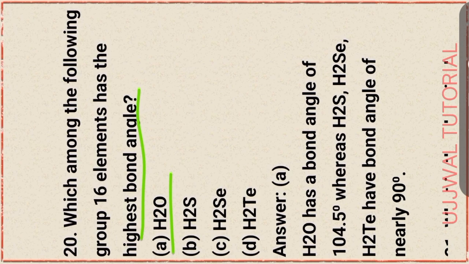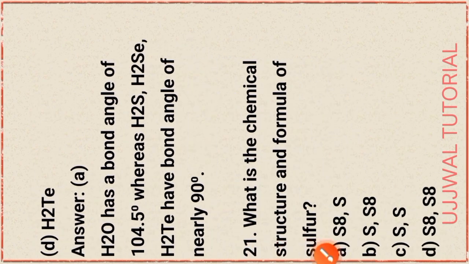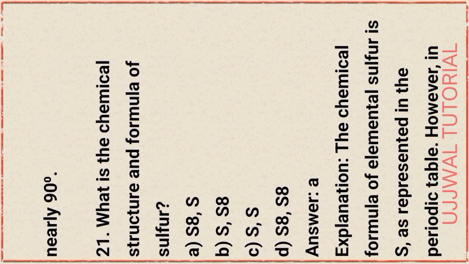To explain, H2O water has a bond angle of 104.5 degrees, whereas H2S, H2Se, H2Te have bond angles of nearly 90 degrees. Okay. Next question number 21. Okay. What is the chemical structure and formula of sulfur?